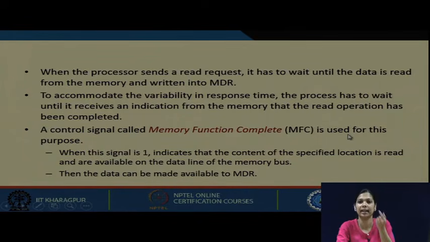Similarly, for a write, you have put the data into MDR, the address into MAR, and you have activated the write control signal. Once the write is performed, it will inform. So, when this signal is 1, it indicates that the content of the specified location is read and available on the data lines of the memory bus. Then the data can be made available to MDR, because it is directly connected to MDR, from the data lines of memory.